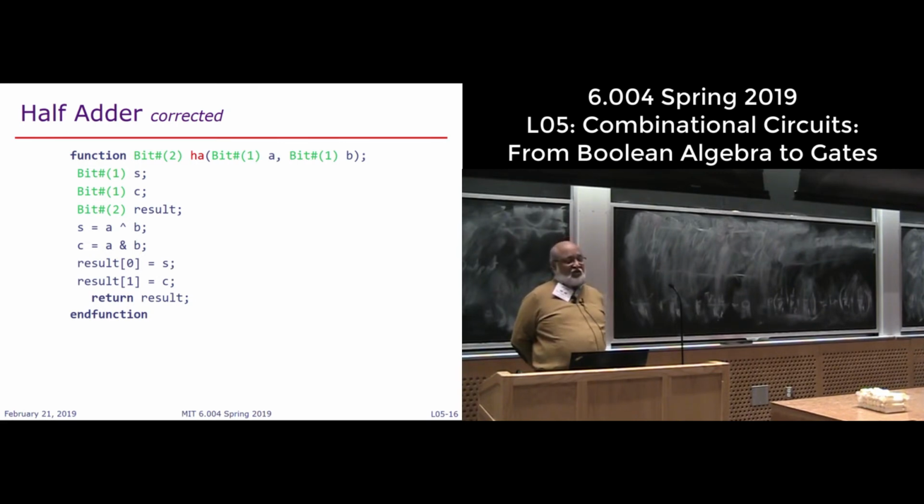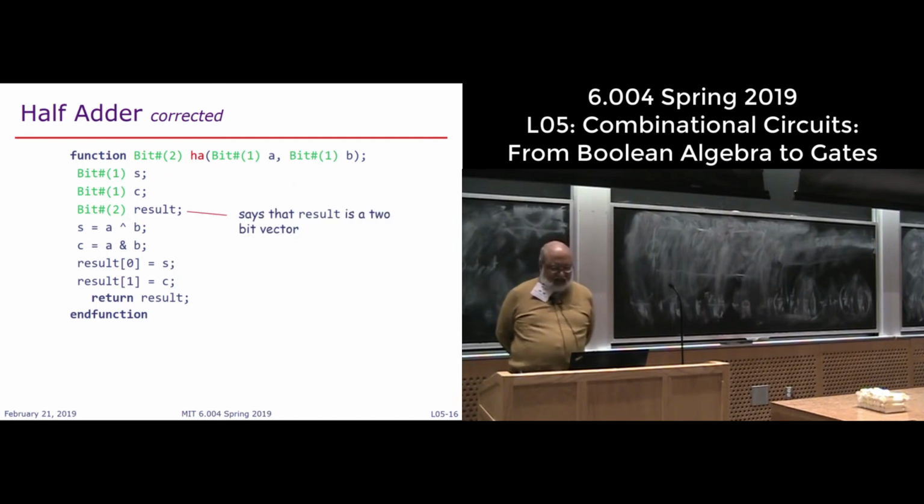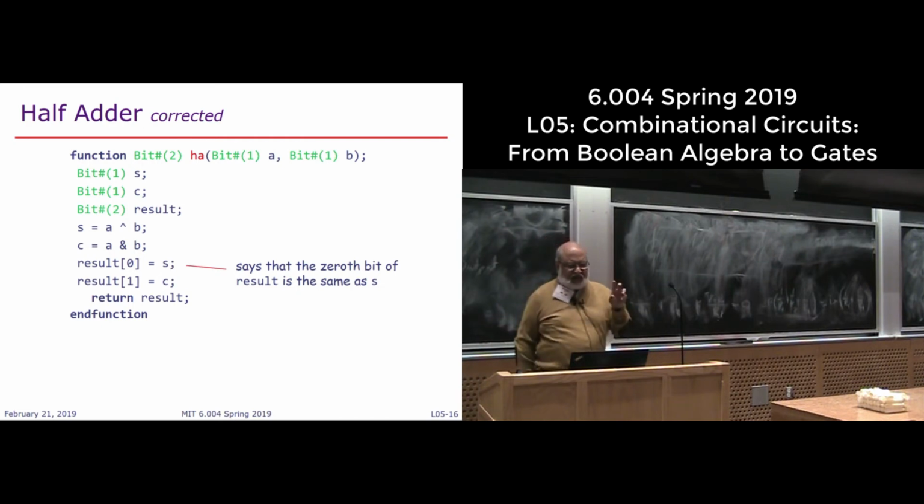And now whatever we wrote earlier is fine. It's just that I have to add a type declaration that says S is 1 bit wide, and that result is a 2 bit wide vector. And this is the thing you have to understand now. Result has 2 bits in it, and we are saying the 0th bit is the same as S. This is specifying wiring, right?